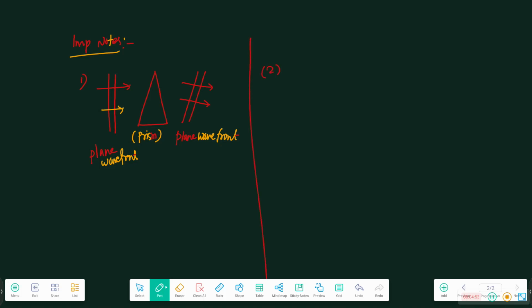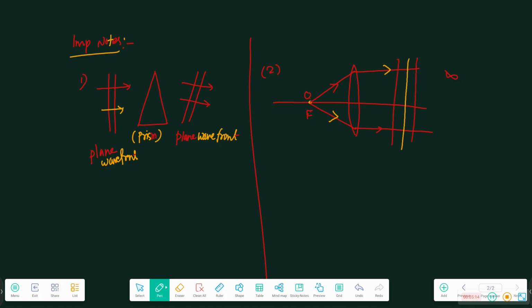Now number 2. If I take a convex lens and my object is at focus, where will its image form? Object at focus, image will form at infinity. At infinity the rays will be parallel.